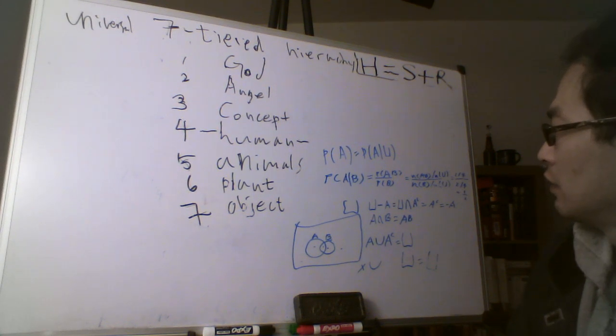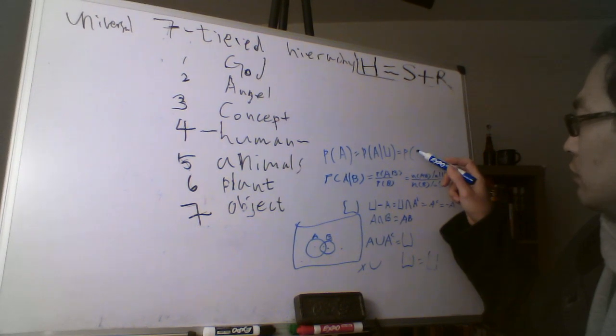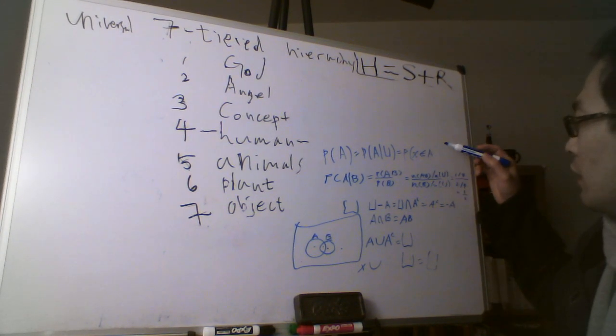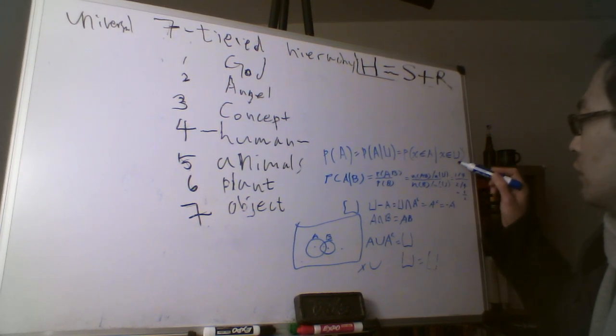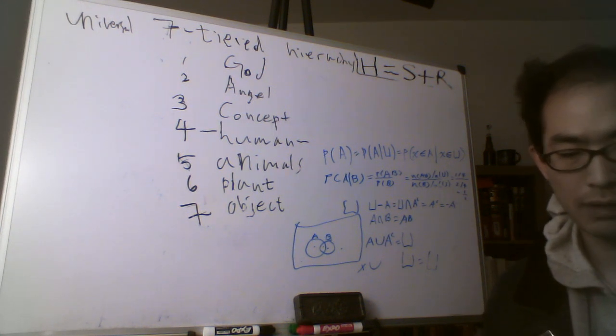We talked about this yesterday or something: the probability of some random variable x belonging to set A, given x is an element in the universe. So that's shorthand for that. We're doing it step by step.